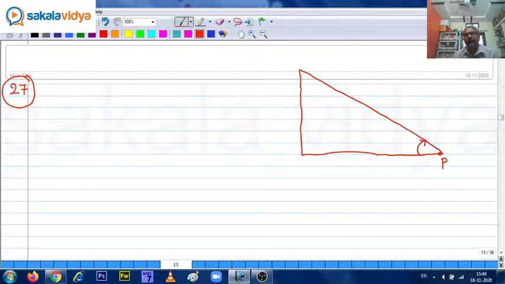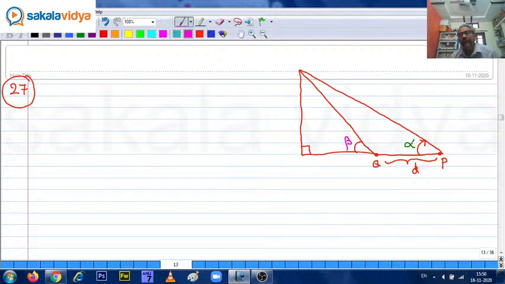After moving toward the foot of the tower some distance, say PQ, this distance is d, the angle changes to beta. What is the relation?